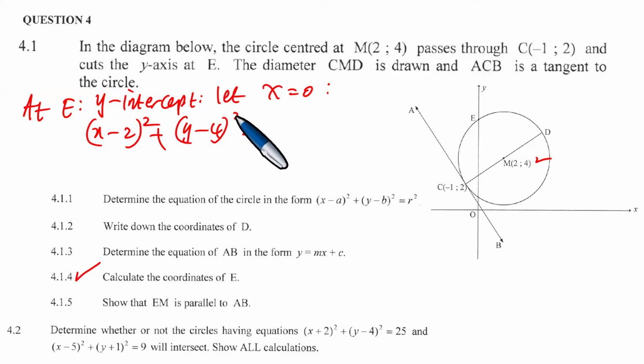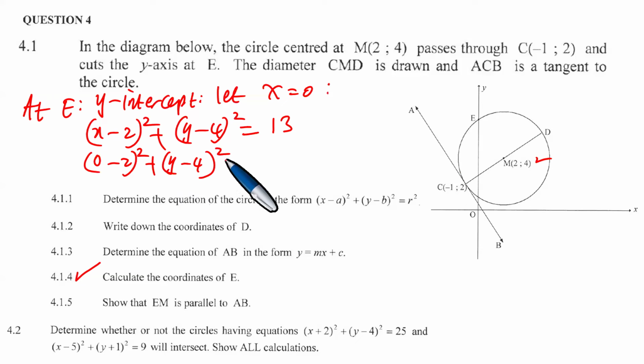And we remember very well what we got the equation of the circle to be. It was equal to 13 here. So we let x be 0. So we have 0 minus 2, you square these, and then we have y minus 4, you square that, which equals 13, like so.